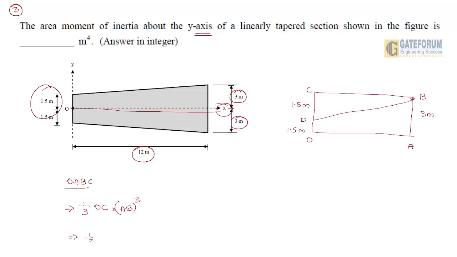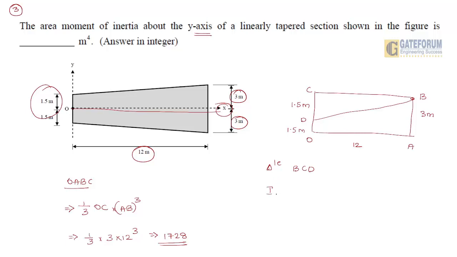That will be 1 by 3 into 3 into 12 cube, right? Because this OA is how much? 12, given to you in the question, no? So obviously from here you will have 1728. Now I am taking the triangular section BCD.